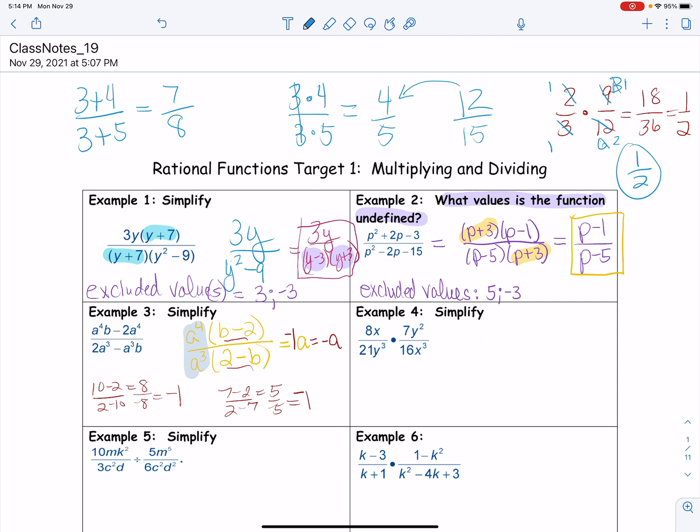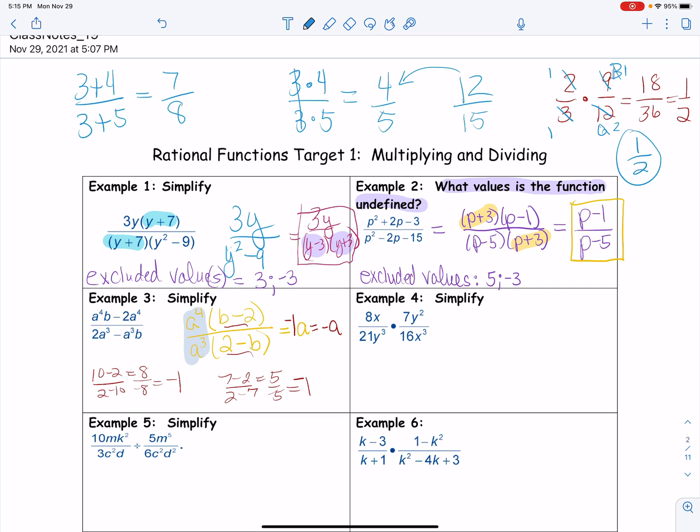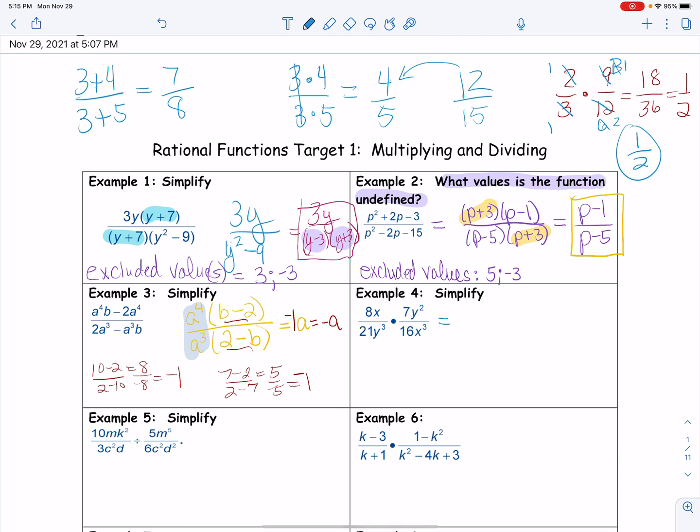Okay, I'm going to tell you right now, if you're kind of a disorganized person, I would multiply first and then cancel things, because if you cancel first and then multiply, you miss something. So that's how I'm going to do this problem, but if you're getting the same answer, you're fine. So if I multiply the top, that's 56xy squared over 21 times 16.